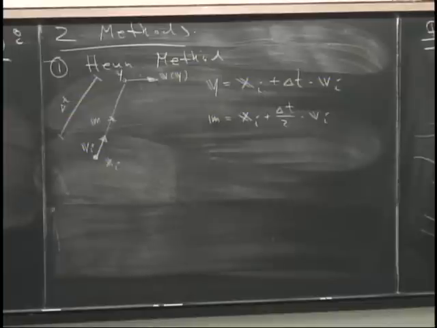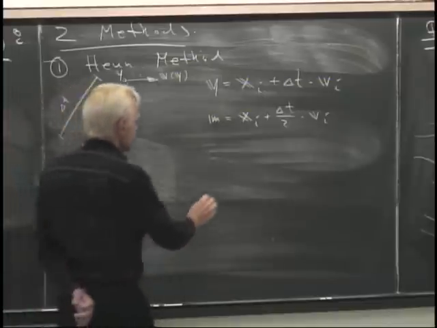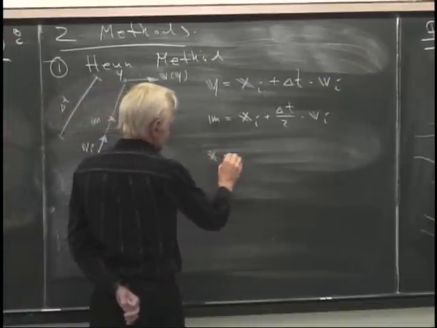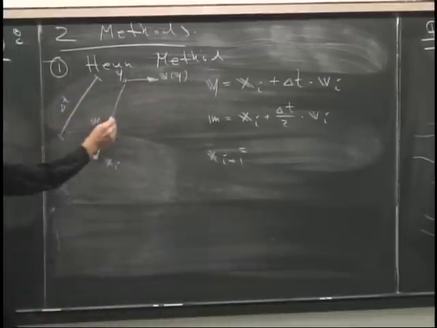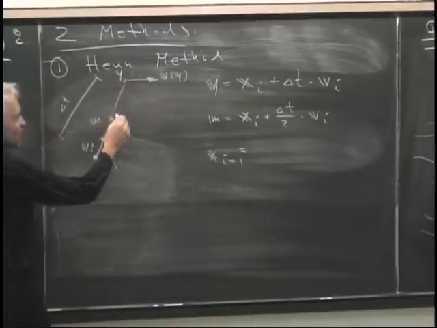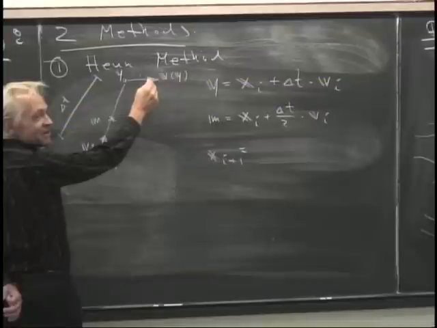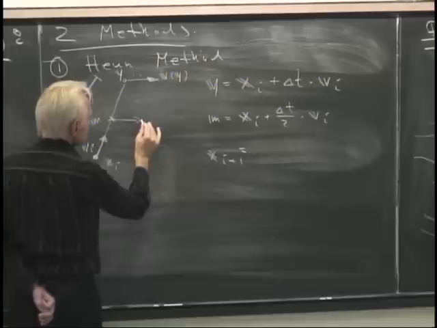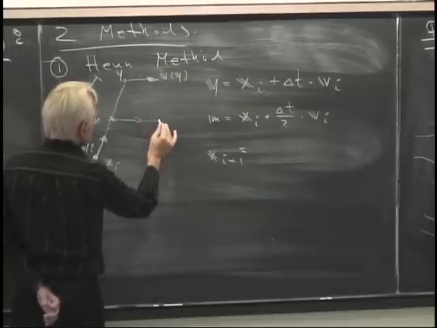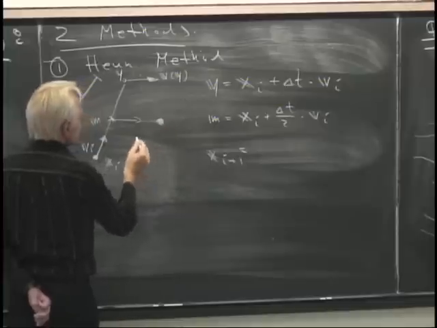And now I want to get the next point, xi plus 1. xi plus 1 is defined by starting at this midpoint and marching in the direction of the velocity up there. Okay? So now I march in this direction for some time.